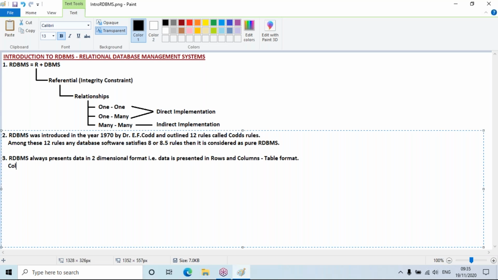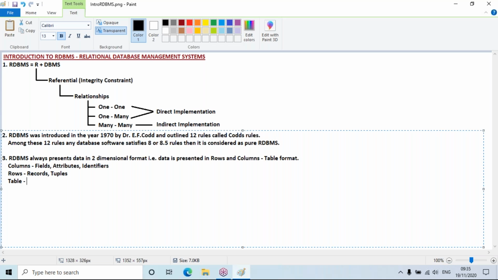Now we refer to columns as fields or attributes. In Oracle terminology, columns are called identifiers. The second term is rows. Rows are called records and tuples.